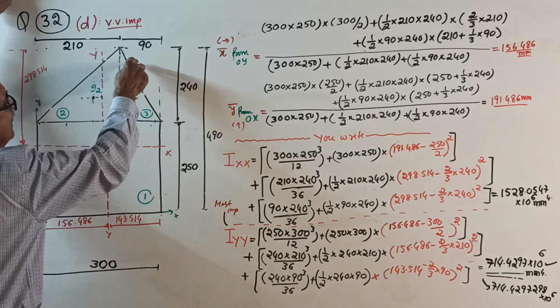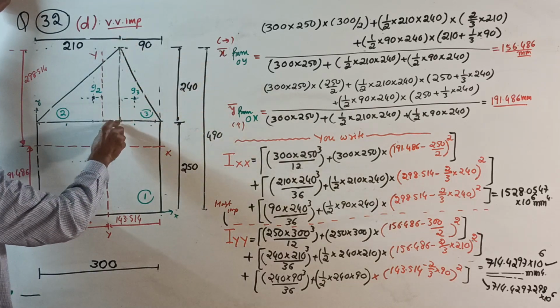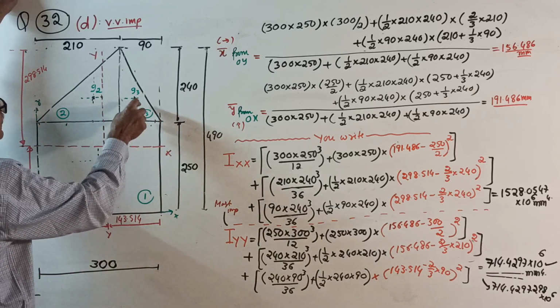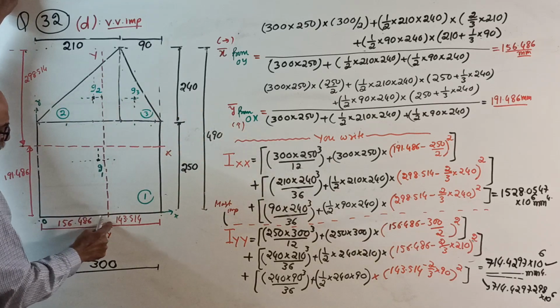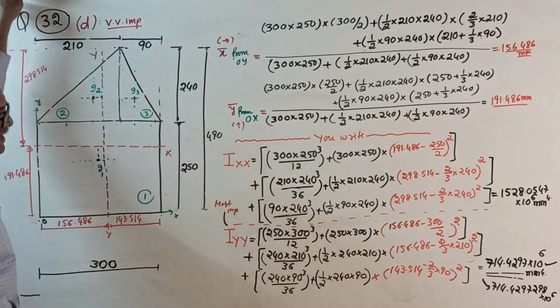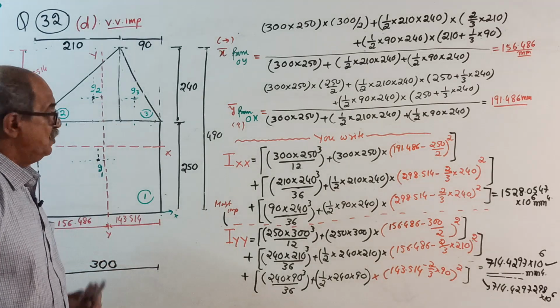Then I about its own axis, parallel side, 240 into 90 cube by 36, plus area into this distance square, 143.514 minus 2/3 of 90 whole square. You get the answer. Okay, now I will do something.